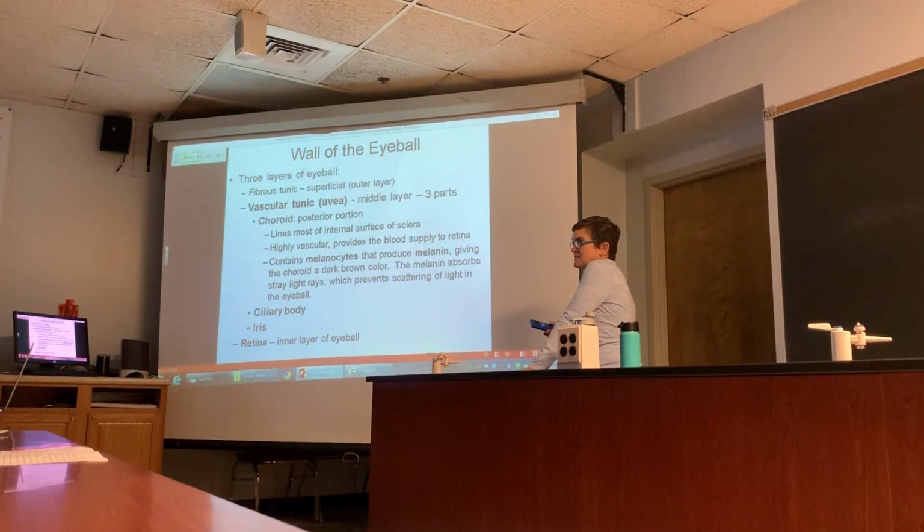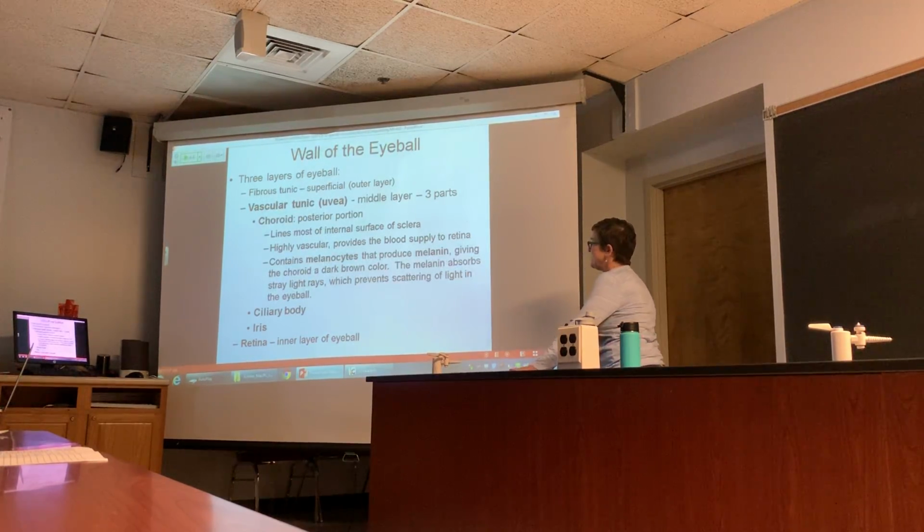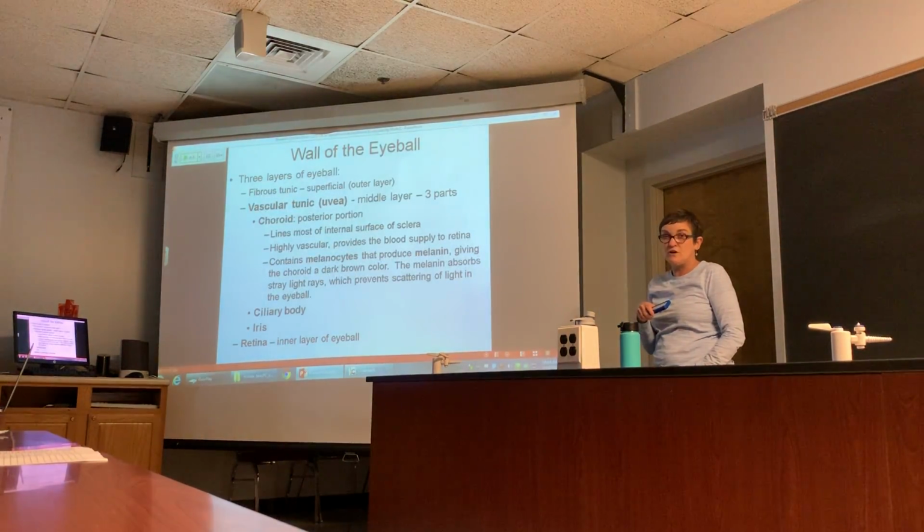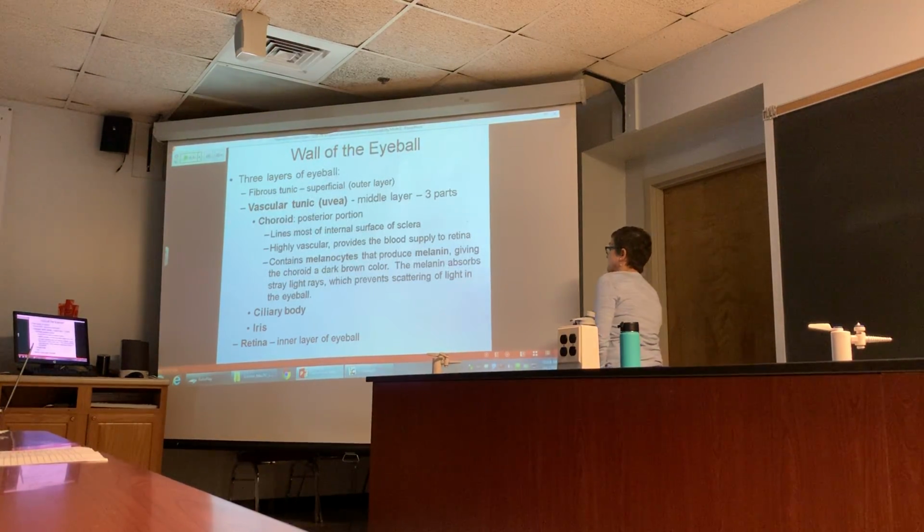You may think, well, melanocytes are in your skin, and that's what causes your skin to have its color. Melanocytes also give your hair and eyes, the iris of your eyes, their color, but you also have melanocytes deeper in your body, including in this choroid layer. And this is what makes it very dark brown, and one reason why the inside of your eyes are so dark, because of melanin.